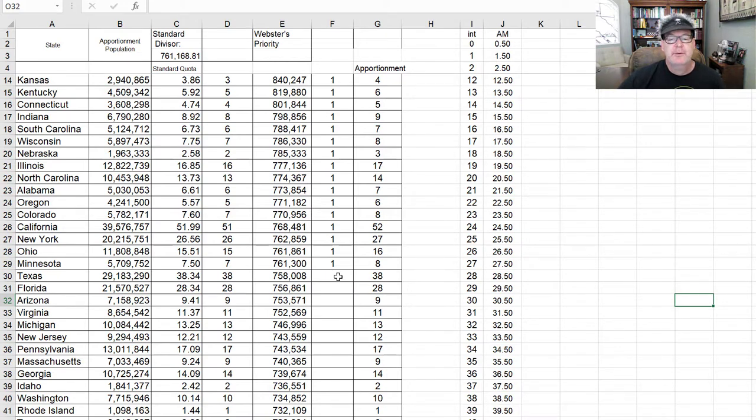And Texas would have been next if you had 436 seats and so on. That's one thing about the priority method. You can see, well, if we had 437 seats, Texas and Florida would have each gotten one, and so on. 438 would be needed for Arizona. But that's with Webster's method.